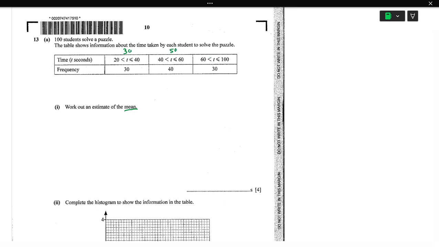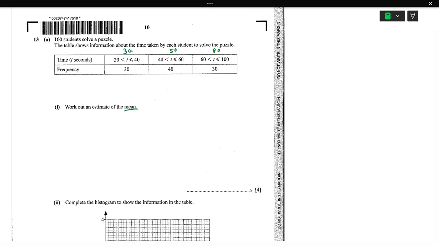Here, 60 to 100, the midpoint is going to be 80. Finding the midpoint is easy: upper value plus lower value divided by 2. So 40 plus 20, 60 divided by 2 is 30. 60 plus 40 is 100 divided by 2 is 50. Here 100 plus 60 is 160 divided by 2 is 80.